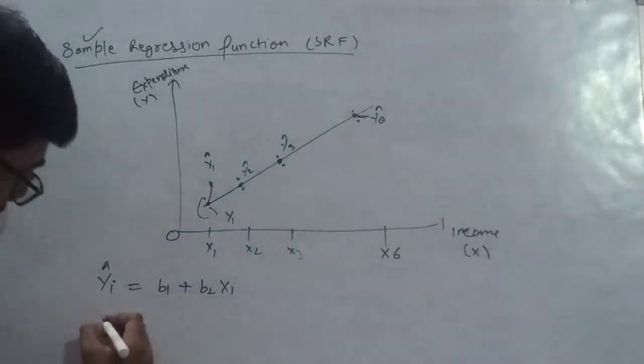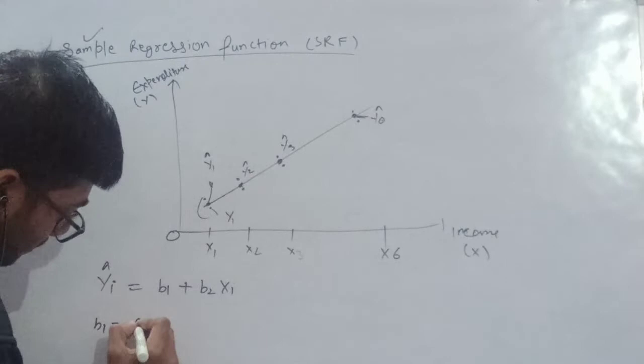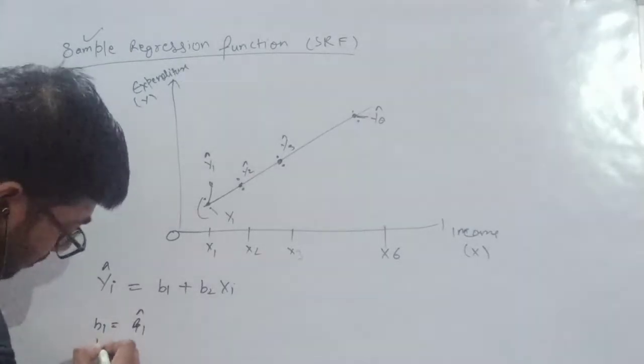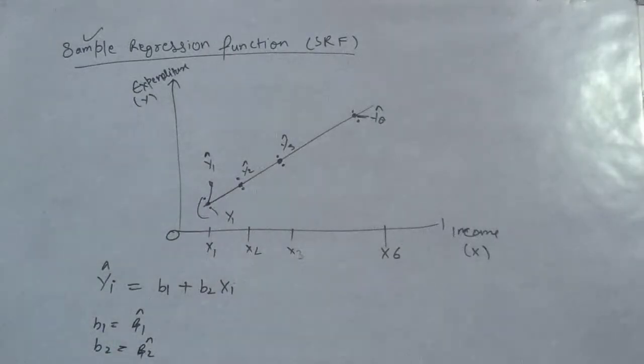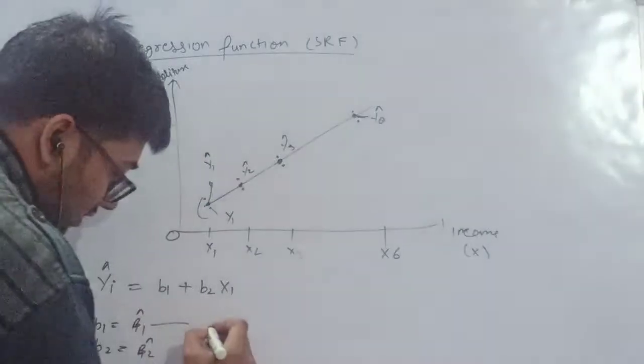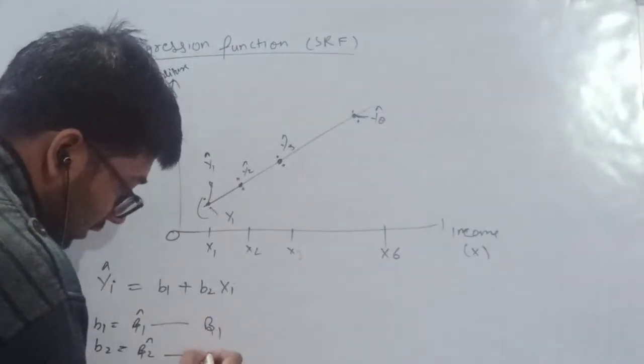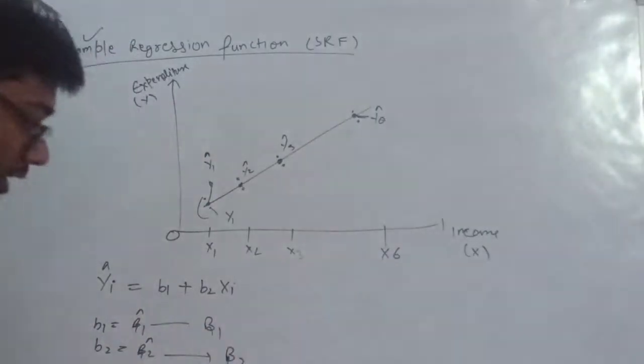We can also write b1 as beta 1 hat, or b2 as beta 2 hat. This one is the estimator of beta 1 and this is the estimator of beta 2.